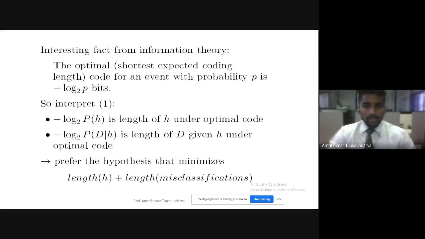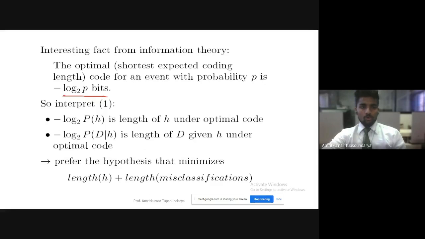One interesting fact that we need to know here from the point of view of information theory is that the optimal code for an event with probability p is negative log to the base 2 of p bits. So this is the optimal code which is already defined, so we don't have to worry about it. Why do we say this is optimal?